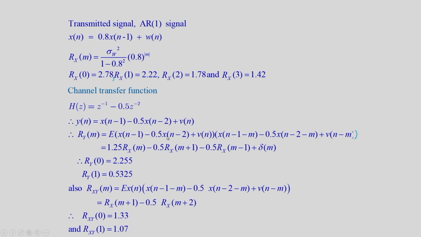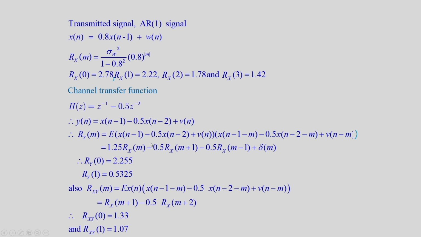Also, 0.5 x[n-2] into 0.5 x[n-2-m] will also give Rx[m], so this will be 0.5 times 0.5, that is 0.25 Rx[m]. So that way we will get here 1.25 Rx[m].